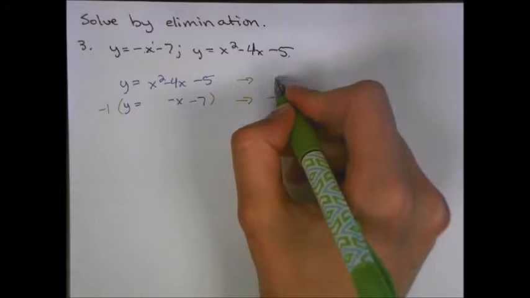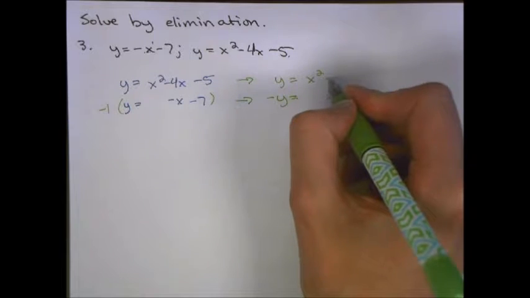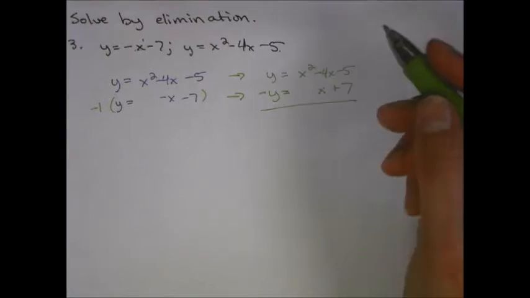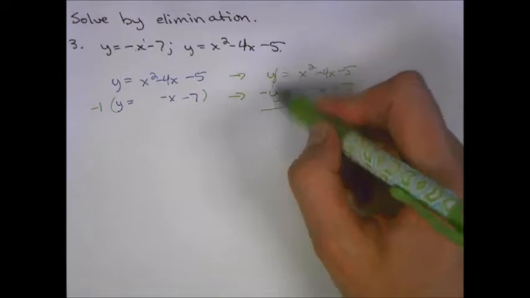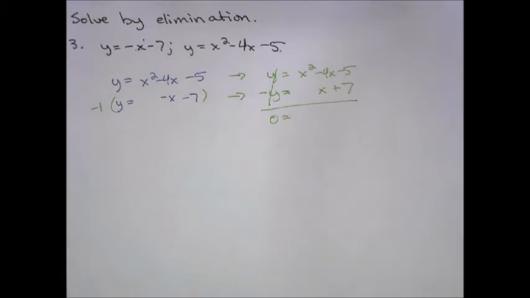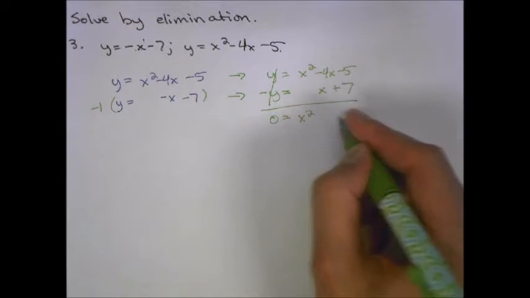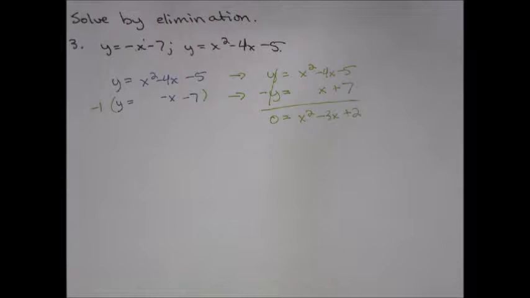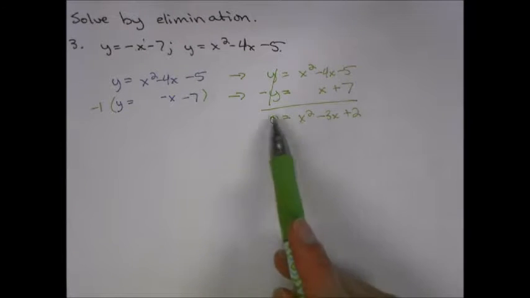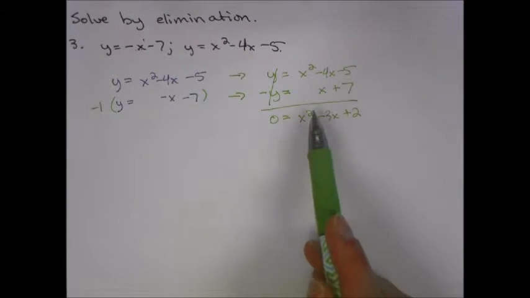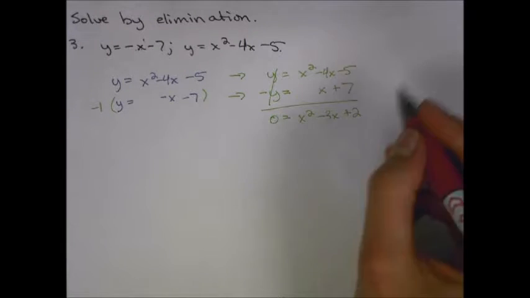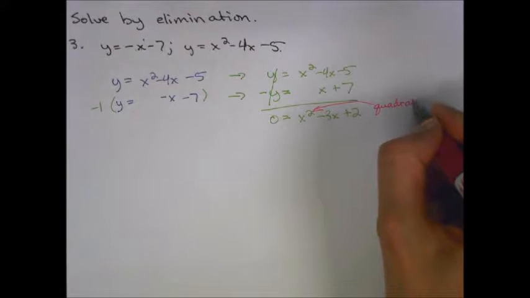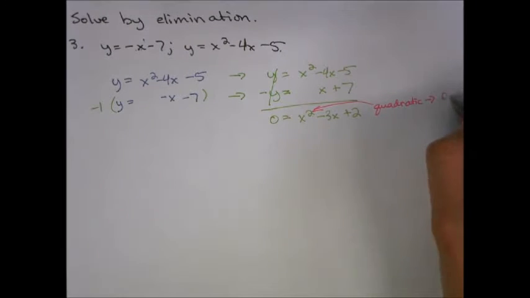And now we can add our equations together. Y minus y is 0. I have x squared minus 3x plus 2. How do I, in one variable, a quadratic, so this means we can factor, quadratic formula, complete the square.